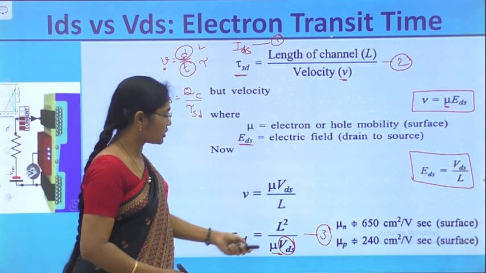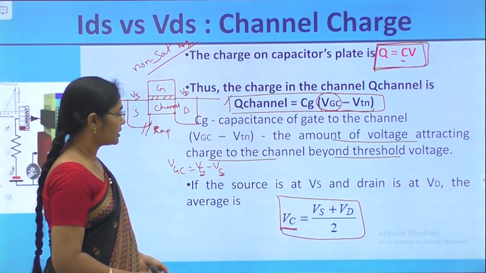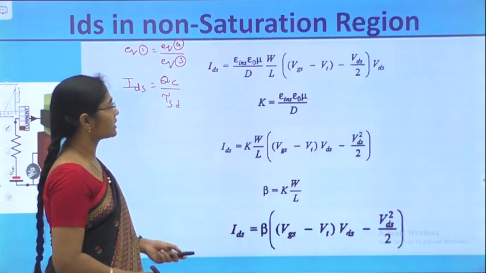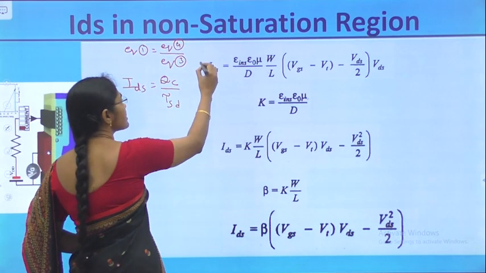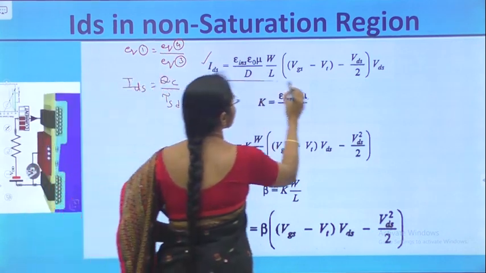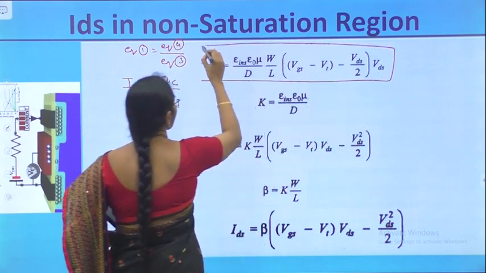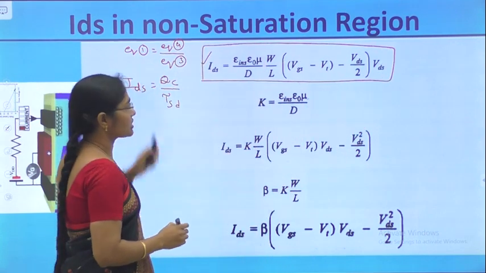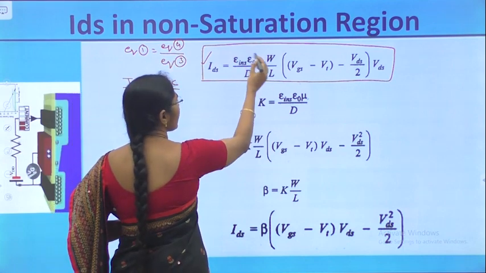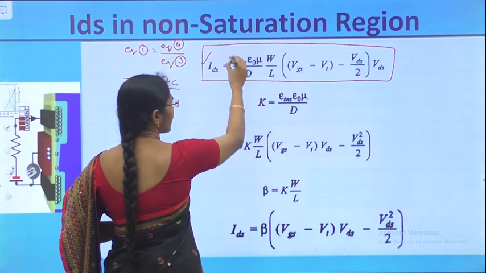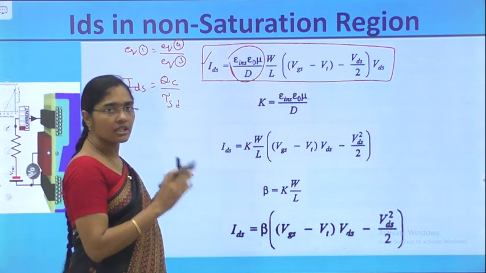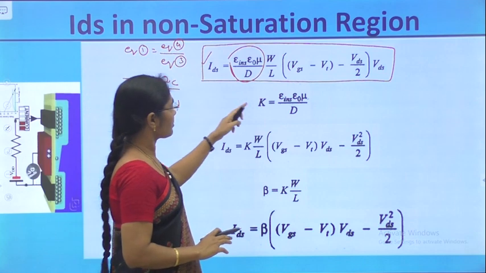By substituting equation 3 and equation 4, we will get the equation as IDS is equal to this. This is the equation by substituting equation 4 and equation 3. Here we are representing some constant as K by taking epsilon naught epsilon insulator mu by D, because all these are constants once the transistor is fabricated.